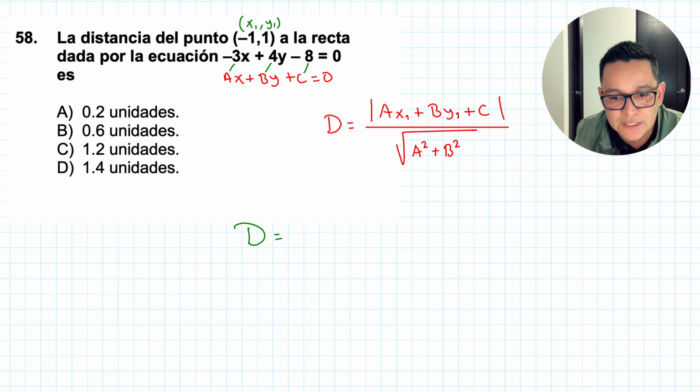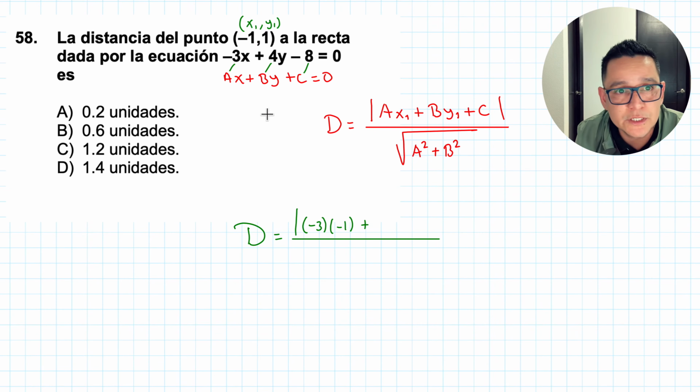So now I have that the distance is equal to the absolute value of a, which is -3, multiplying x1, which is -1, plus b times y1. b is 4, so here I put 4 times y1, which is 1. And to this we're going to add c, but c is equal to -8.